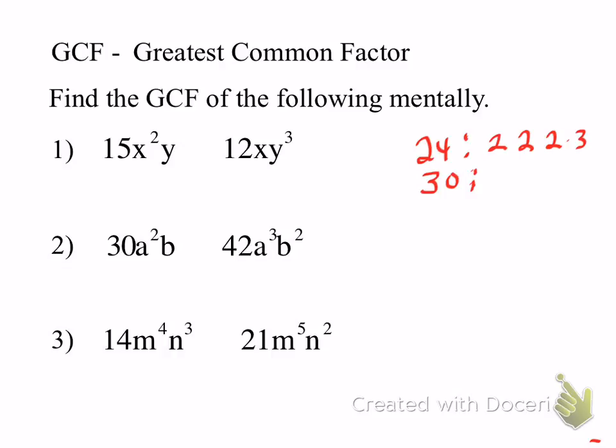Does that equal 24? And they're all prime, right? 30 is 2 times 15. 15 is made up of 5 times 3.